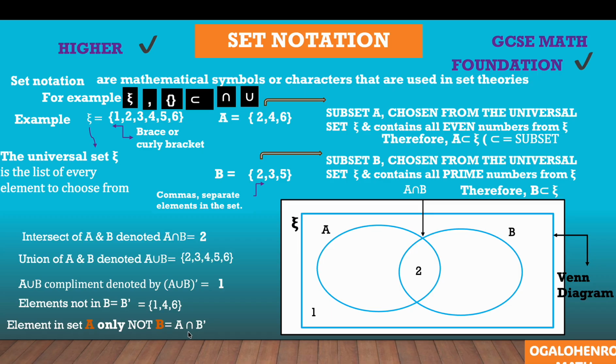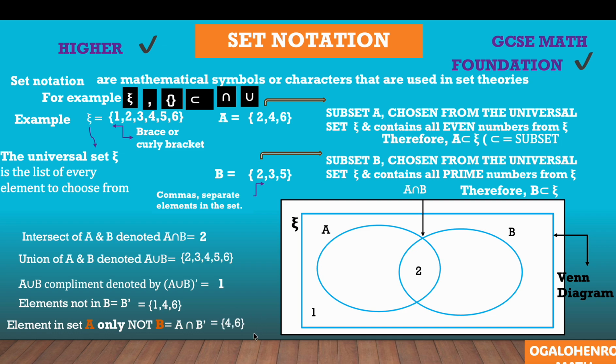So you can see that in A, what do we have here? In A, we have got 2, 4, 6, while in B prime, we have got 1, 4, 6. So what is common in 1, 4, 6 and 2, 4, 6 will just be 4, 6. So A intersect B prime will be equal to 4, 6.